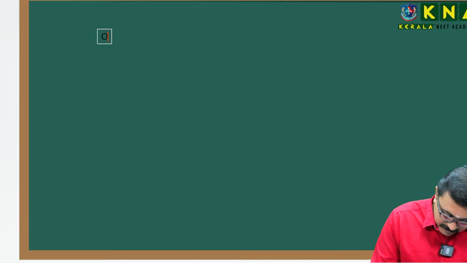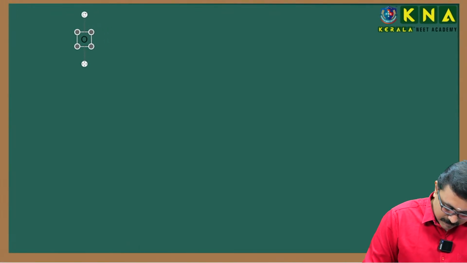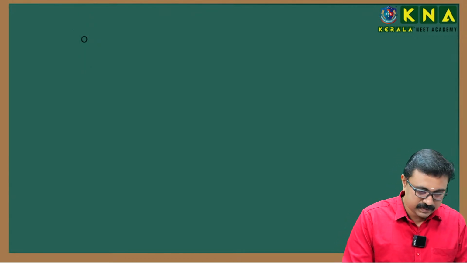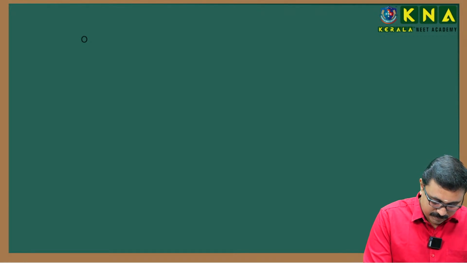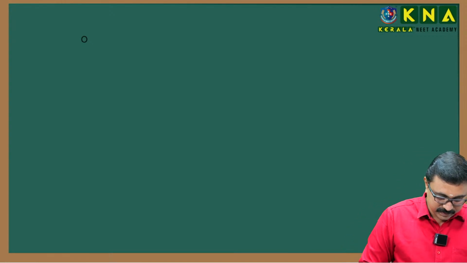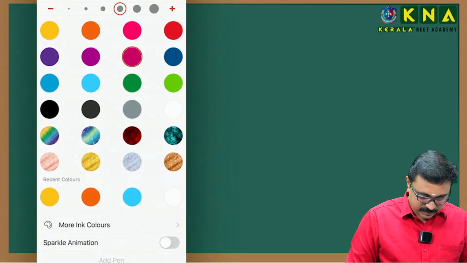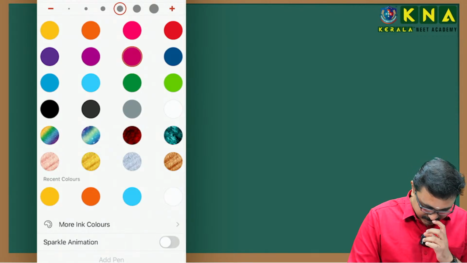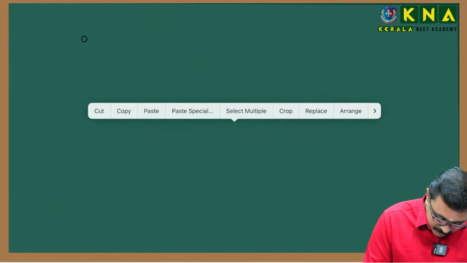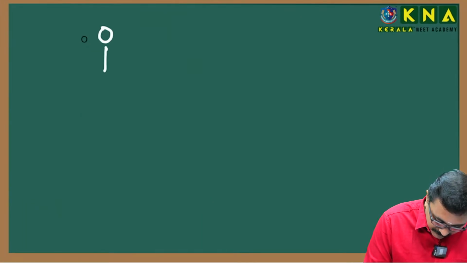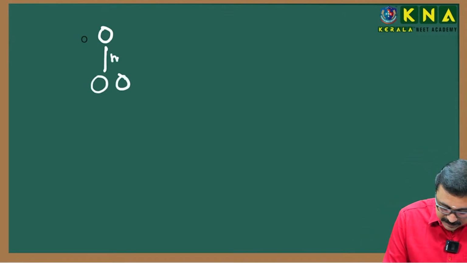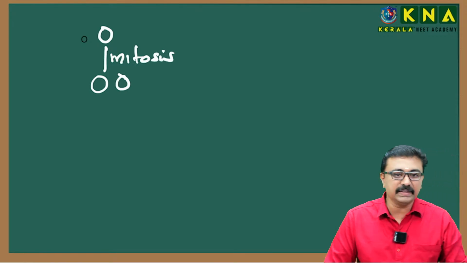Here there is one cell, and it undergoes divisions. 2 new cells are formed, and the division here is mitosis.